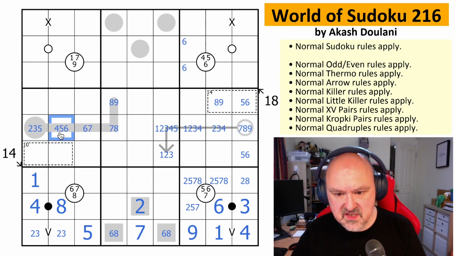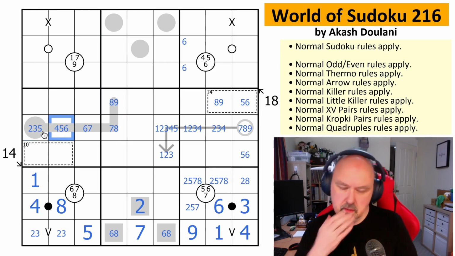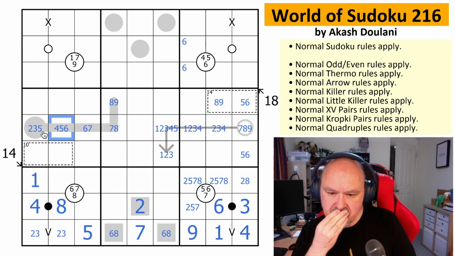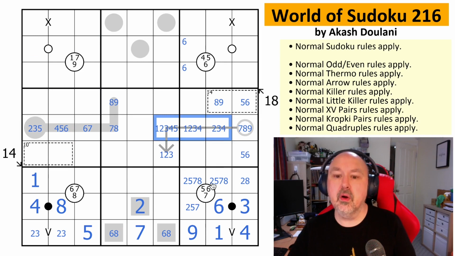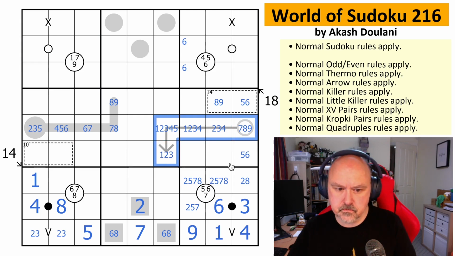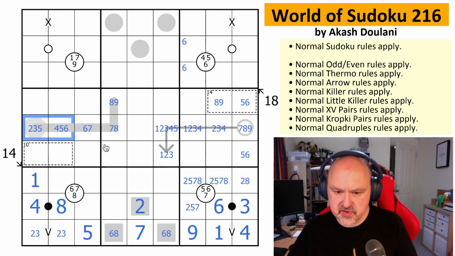Now, if this is 4, do I need a 2 on this? 1, 3, 4. That is 8. This could be a 1, 9. No, that works. It's close, though. If this is 4, then this is 3 or 2.